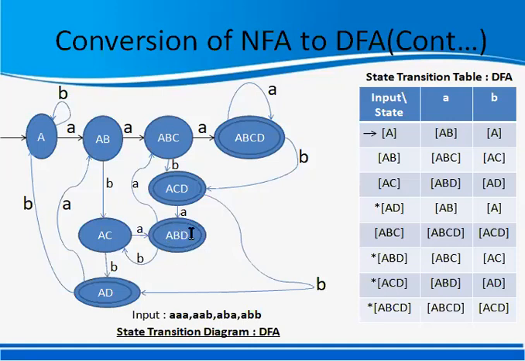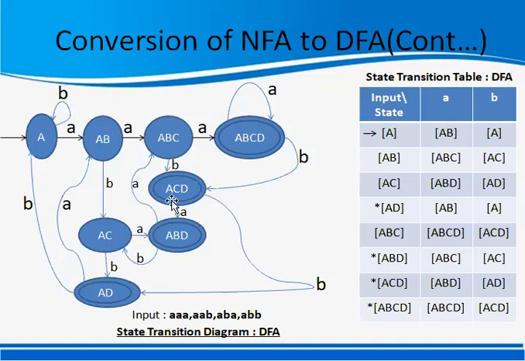From state ABD, on input small a, the next state will be ABC. You can cross check from the table. Now from state ABD, on input small b, the next state will be AC.